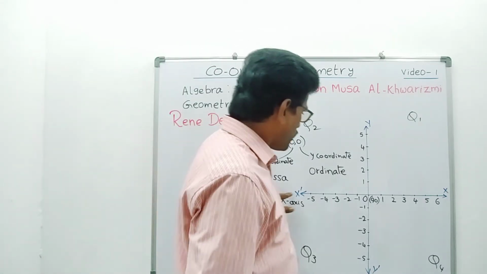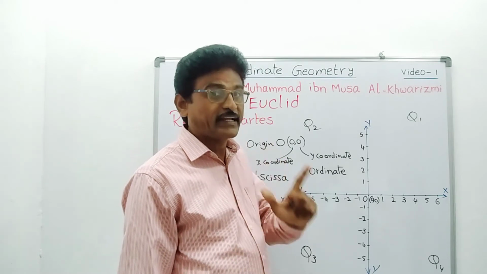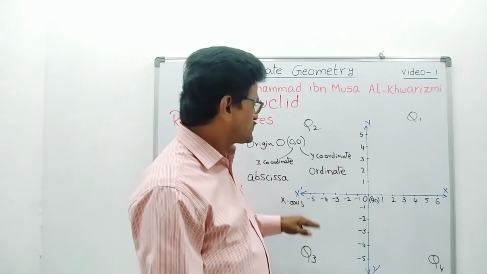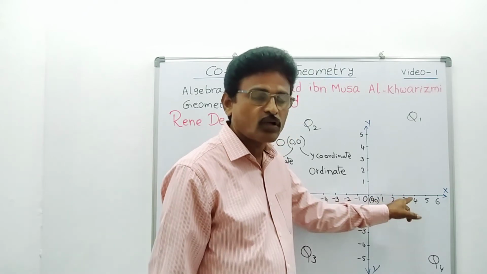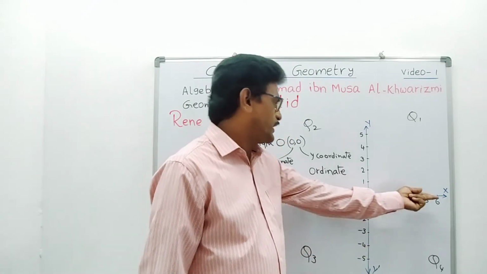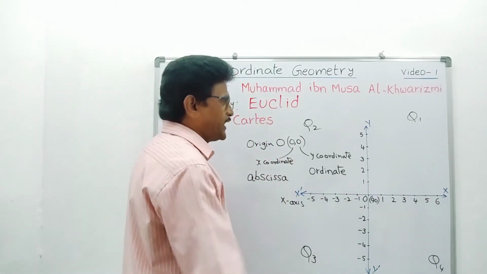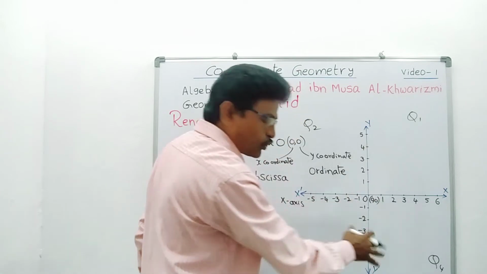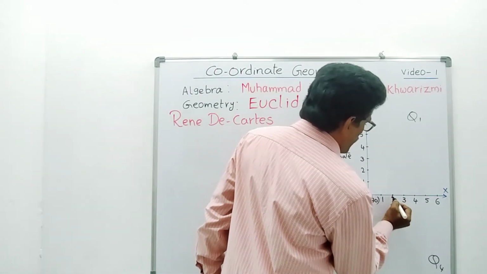Now see, on this x-axis we have values only for x. Here x is 1, x is 2, x is 3, x is 4. What about y? Y does not have values on the x-axis. Y has values on the y-axis only, right? So suppose this is the point.